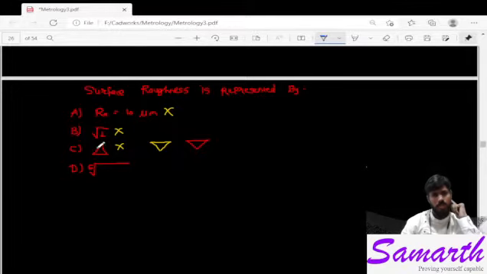You may confuse this with option C. The actual symbol is the inverted triangle, right? And it is asking for the surface roughness, and that is exactly shown by this symbol. We have seen that on this vertical side there will be a surface roughness value. This is the lay direction, and option B is showing the lay direction. So only option D is correct.